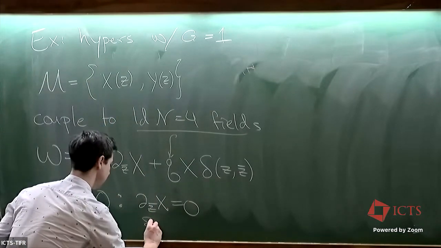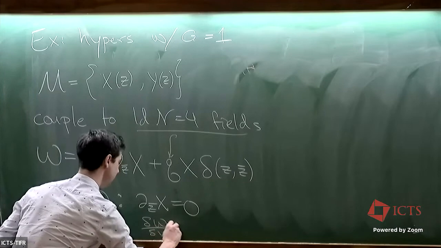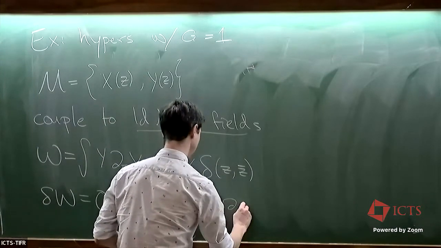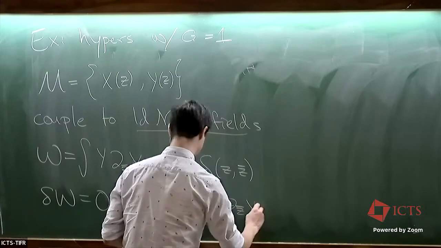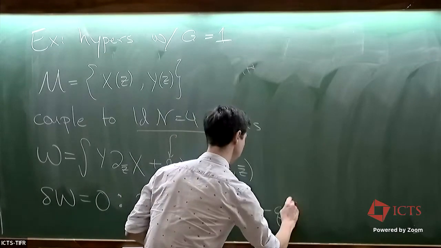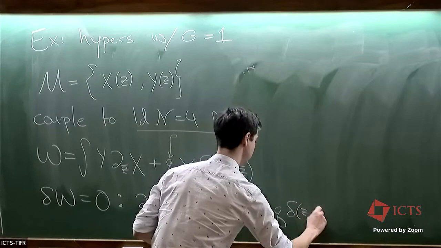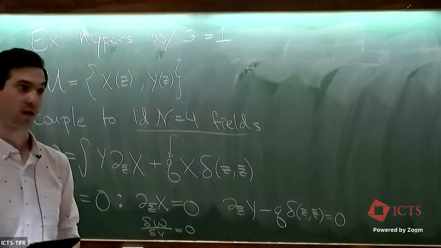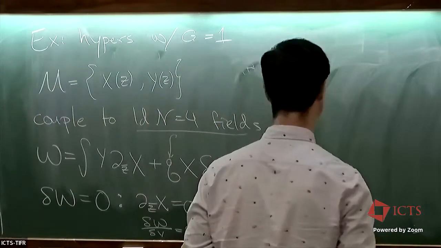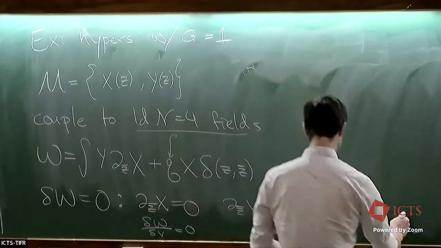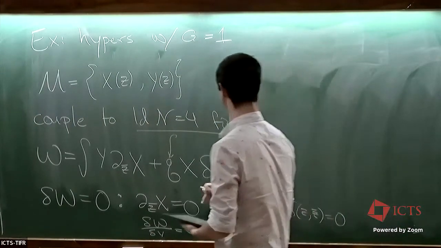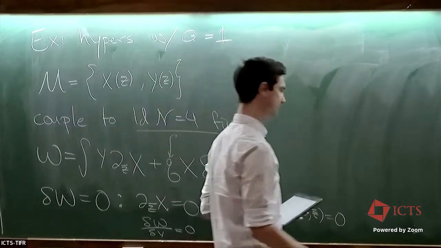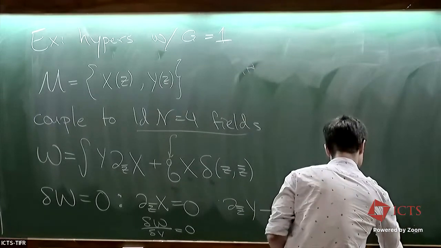So this is like del W del y equals 0. If we vary with respect to x, we see that del z bar y minus q times a delta function is 0. So y will not be holomorphic. It'll be meromorphic. And additionally, if I vary with respect to q, I then see that x times a delta function at z equals 0 has to vanish.